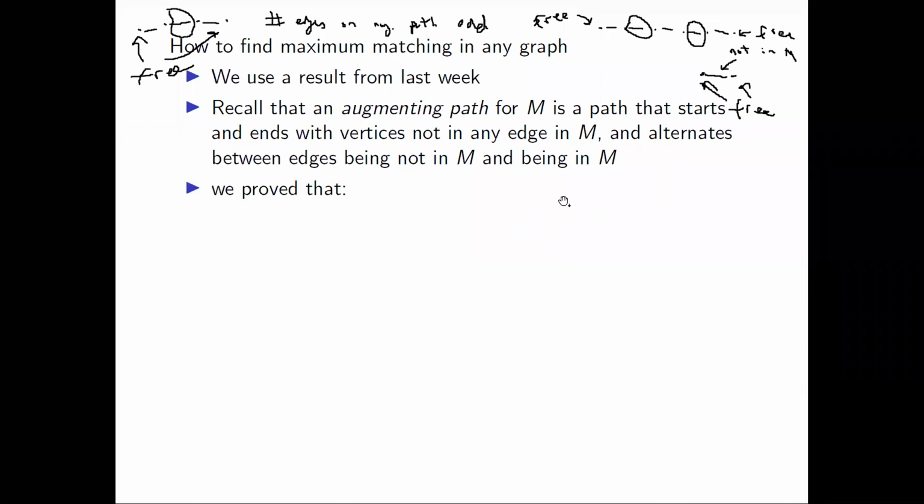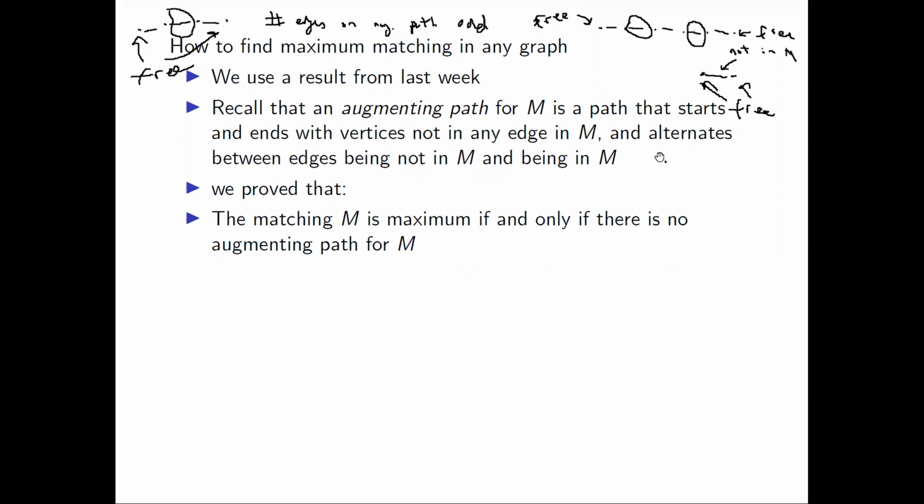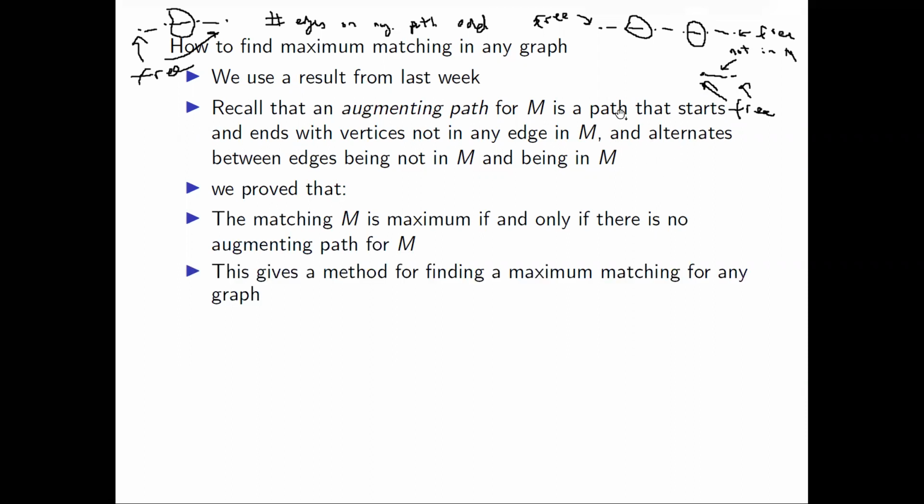And what we proved in the last video, this really useful result that's going to give us an algorithm for finding maximum matchings, is that a matching M is maximum if and only if there's no augmenting path for M. And we can use this result to give us an algorithm for finding a maximum matching in any graph.